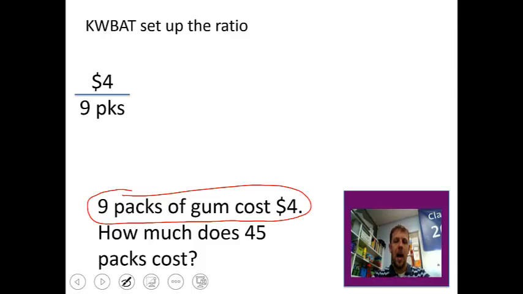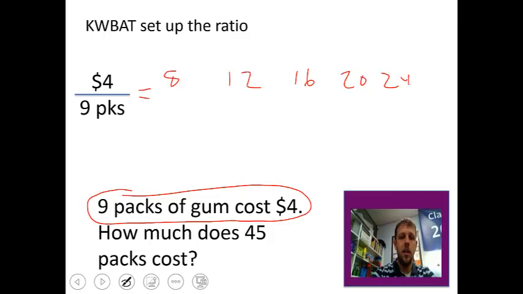If you were in 5th grade, I would have said you just have to roll your ratio. So this is what you would have done in 5th grade. 4, 8, 12, 16, 20, 24, and then you go, are we there yet? Nope. Okay.